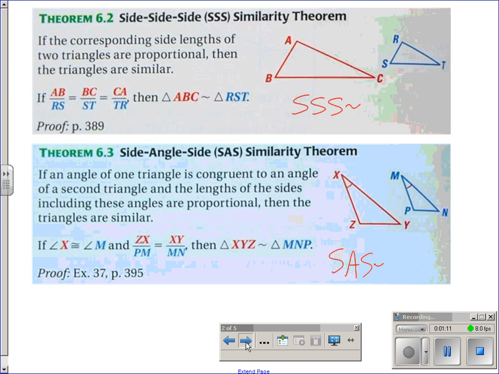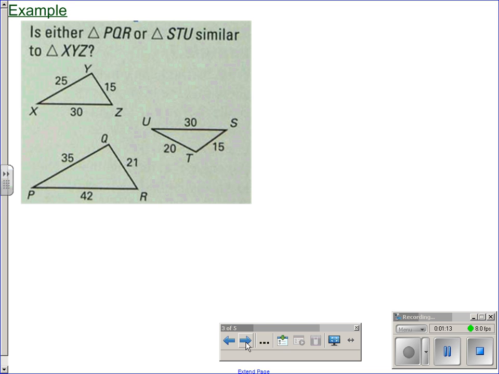Okay, for the first example, the question is: is either triangle PQR or triangle STU similar to triangle XYZ? I'm just going to go one at a time. I'm going to look at triangle XYZ and compare it to triangle PQR.